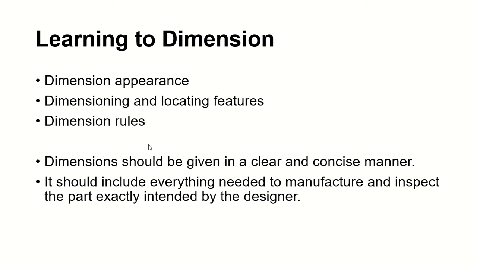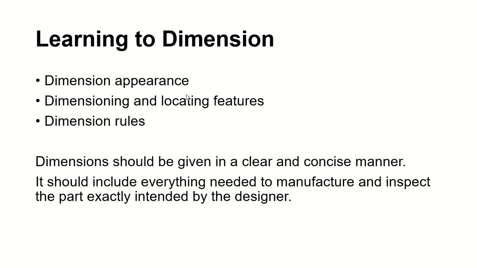We're going to learn how to dimension in this lecture. We'll get into appearance, locating your features, and then the rules. You should give dimensions in a clear and concise manner, and dimensions should include everything needed to manufacture and inspect the part that you're drawing.